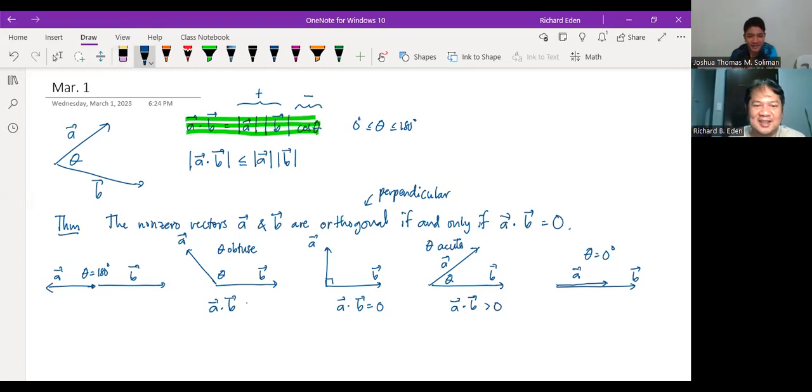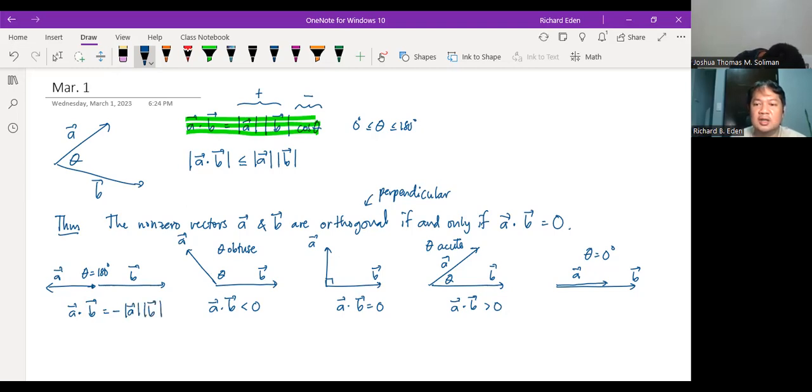All right. Negative. So A dot B is negative. And then we have the two other extremes. For theta equal to 180 degrees, cosine theta is going to be -1, so A dot B will be negative the product of the lengths of the two vectors.